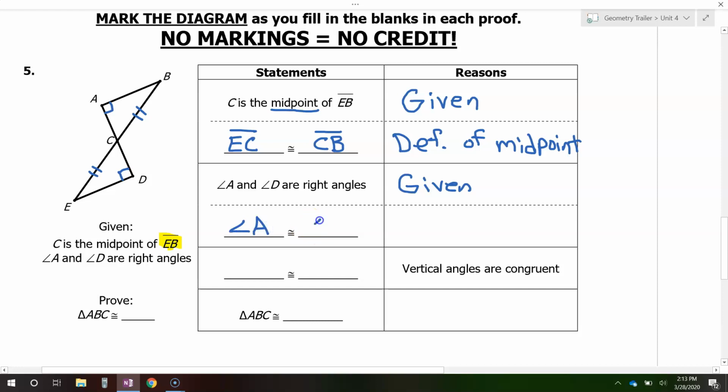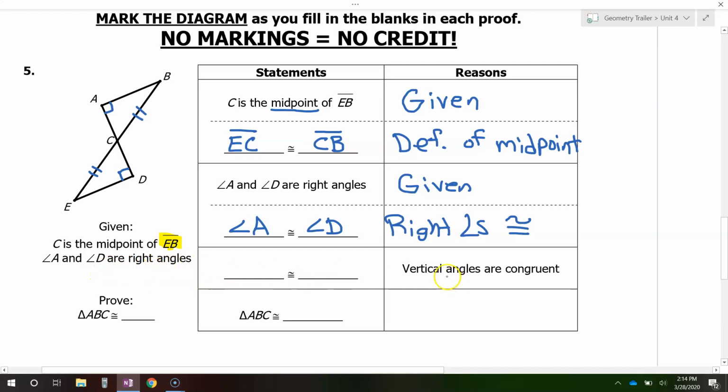Angle A is congruent to angle D. All right, these always go as a pair. If you have the right angles, they are congruent. And that's actually the reason, because right angles are congruent. That's the reason. It's just that simple. All right, ladies and gentlemen, we are out of given.